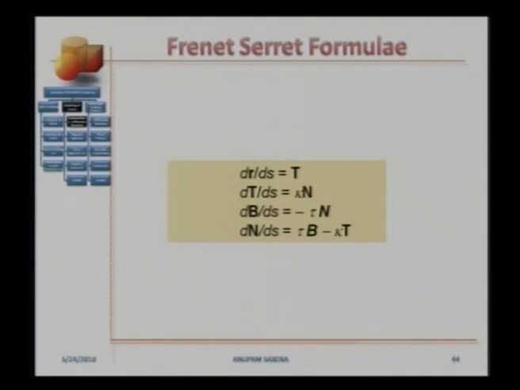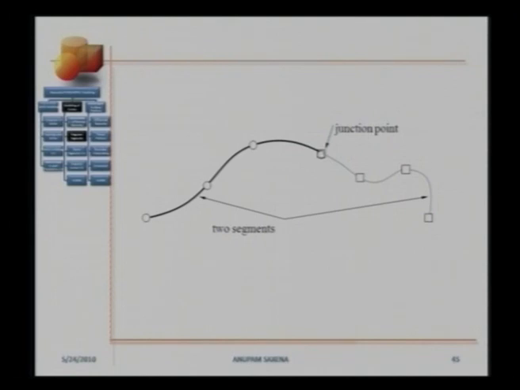We studied differential geometry of curves, where we looked into Frenet-Serret formulae. This was what we were going to be using later when considering continuity conditions at junction points. This is what the essence of curve model was that we studied.